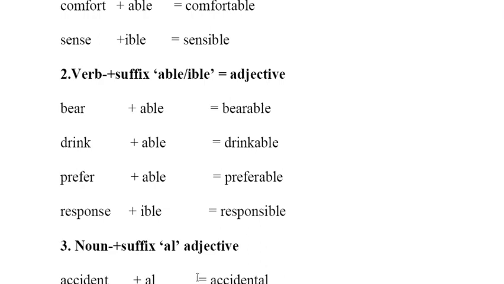Then comes the verb. With a verb, in some contexts, you need to add able, then it becomes an adjective. Bear plus able, bearable. Drink plus able, drinkable. Prefer plus able, preferable. Response plus ible, responsible.